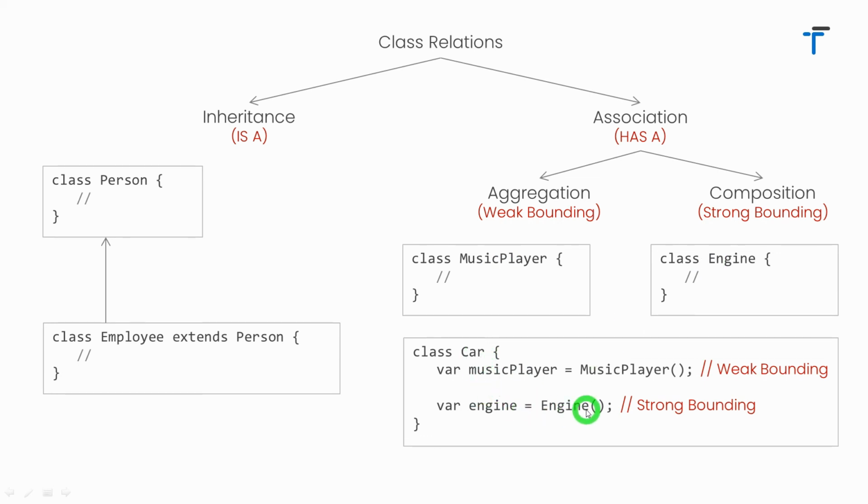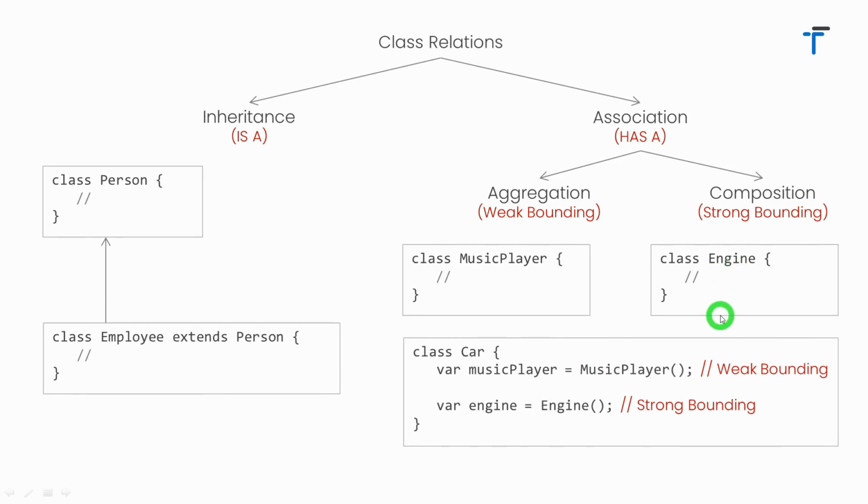And on the other hand, you can observe here inside the Car class, we have created the object of Engine here. And we can access the members of this Engine class by using the object of Engine inside the Car. So still there is a relation between the Car class and Engine class, but it's not inheritance, okay? Because I'm not extending the Engine inside the Car class. Still we can access the properties. That's also a kind of relationship, and that is called association. But you can observe here, Engine is useless without a Car.